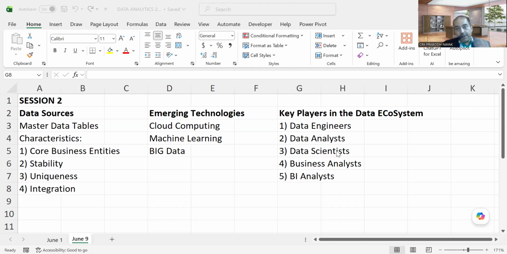Then we have the last two, business analyst and business intelligence analyst. ये दो जो है, you can say that both of them perform the same activity, but with a small difference. Business analyst जो है, they supplement the work of the data analyst. Analyst दोनों same करते हैं.